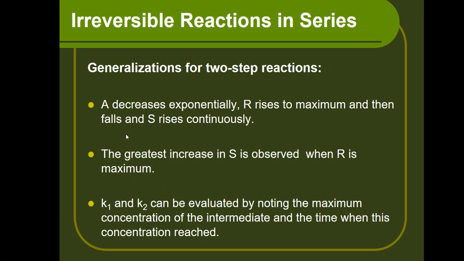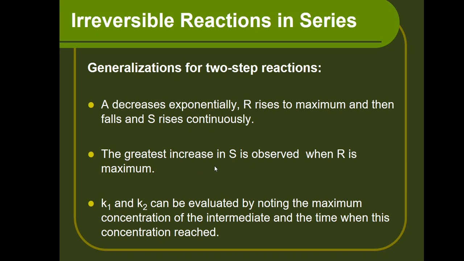Now, these are very important generalization for a series of two steps reaction. Your A decreases exponentially because it's being consumed in the formation of intermediate R. Your R will rise to a maximum value and then fall, but S is expected to rise continuously because it's the final product. Take note of this.